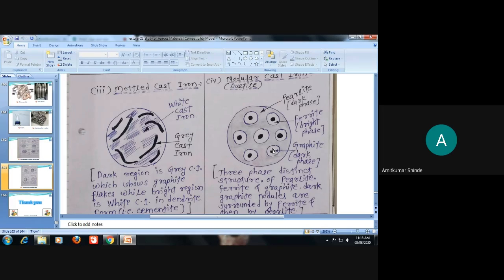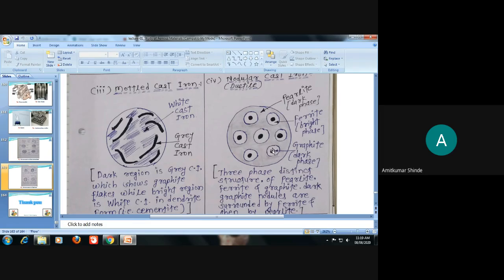Its surrounding region has a little bright color, which is termed ferrite. Some bright color around this dark circle is the ferrite phase, and the remaining dark phase surrounding these nodules is pearlite.